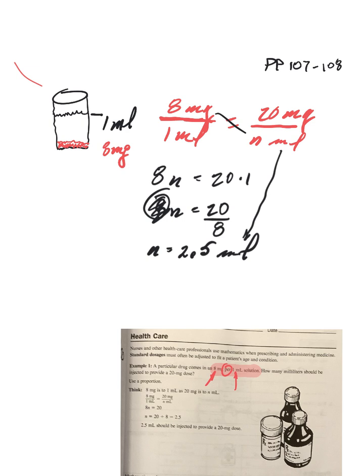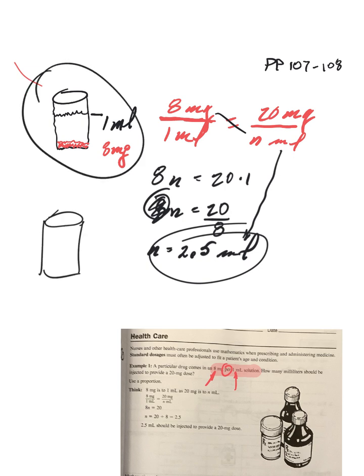Okay, so I've got to put 2.5 milliliters of a solution in there in order to get my 20 milligrams. So what I've got here is my container again. If I'm doing it in this ratio, in this container, I've got 20 milligrams that I want to put into this patient through a shot.